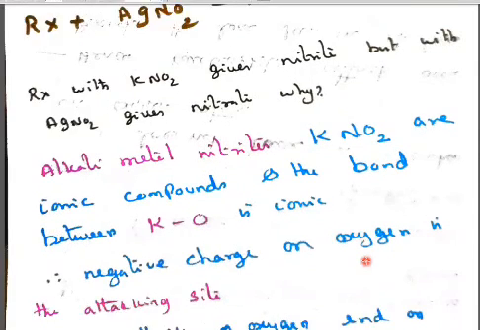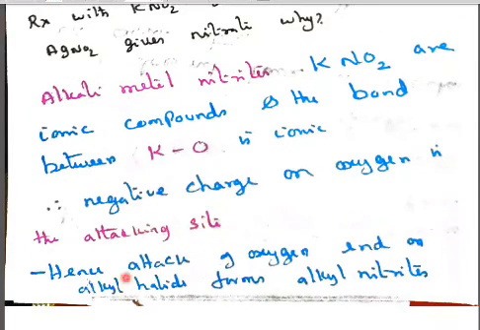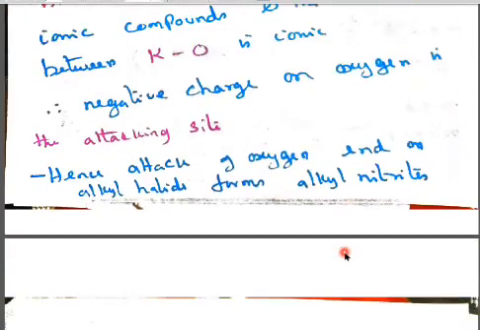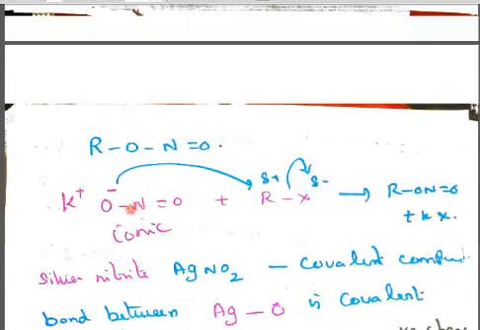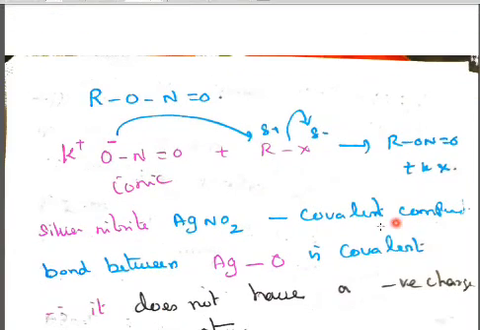So the negative charge on oxygen attacks. By attack through the oxygen site, we get the nitrite, RONO only. In KNO2, oxygen bears a negative charge because the electropositive metal gives all its electron towards oxygen. So this oxygen minus attacks this R, and we get R-O-N double bond O with KX.